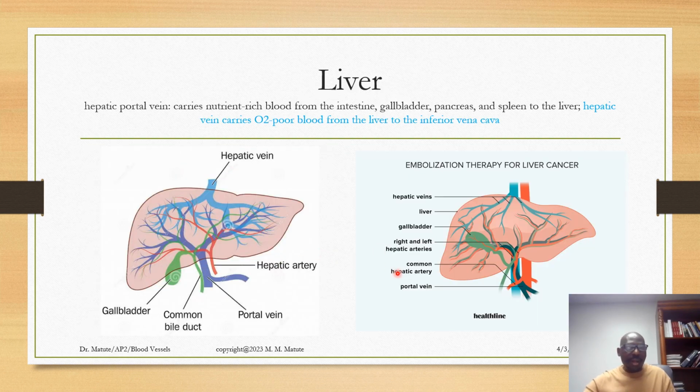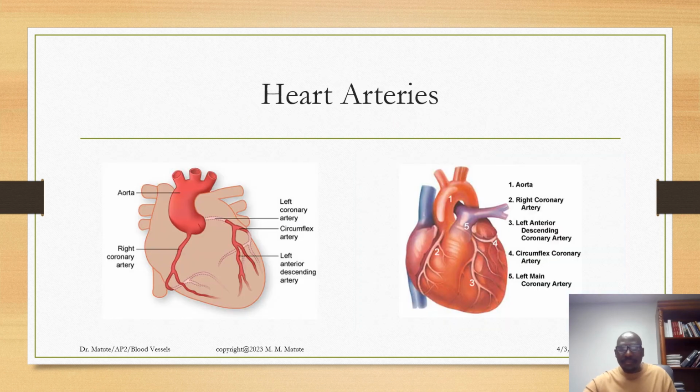And then you have the liver. Then let's look at the heart arteries. The oxygen-rich blood that is pumped out of the heart is normally not used by the heart. As the blood is being pumped out of the heart, this is the ascending aorta right here.